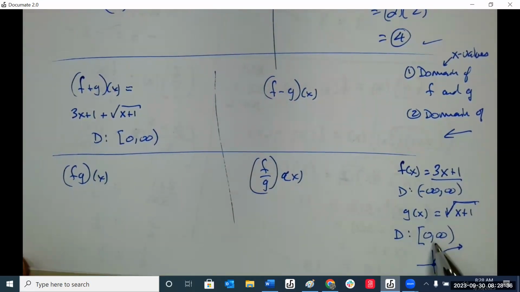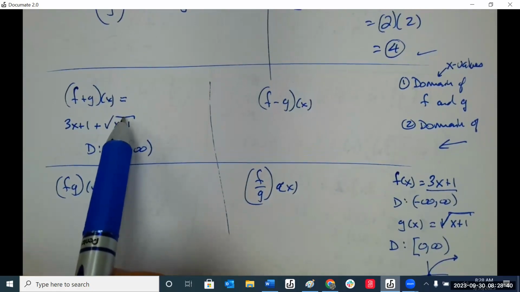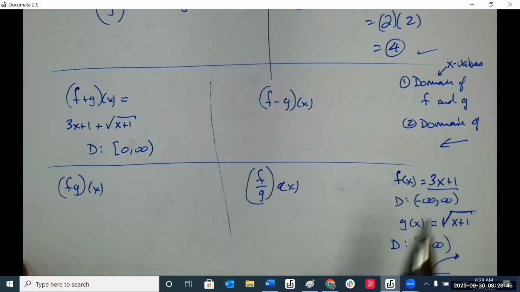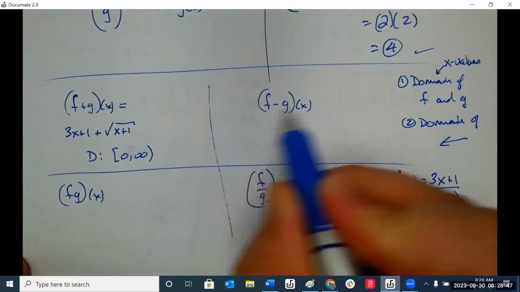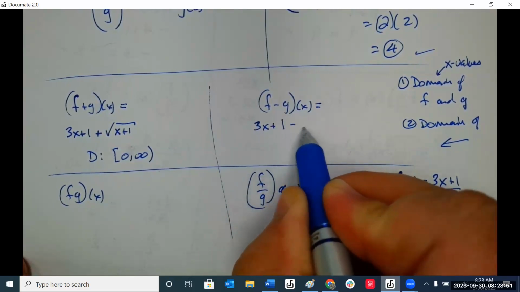We just said we can't use negatives for the radical. For this part, we can't use negatives. Let's see if you can get this one.